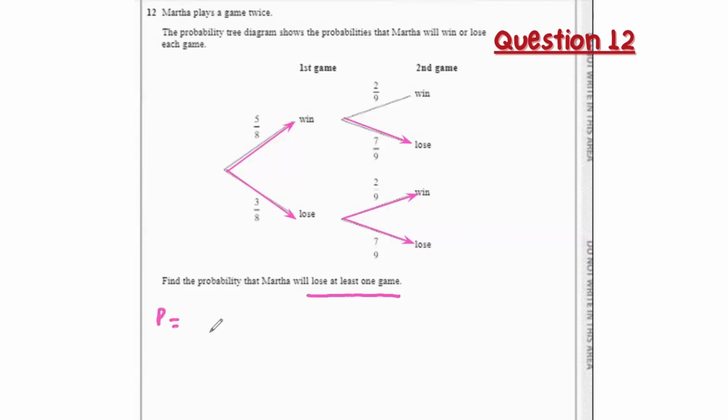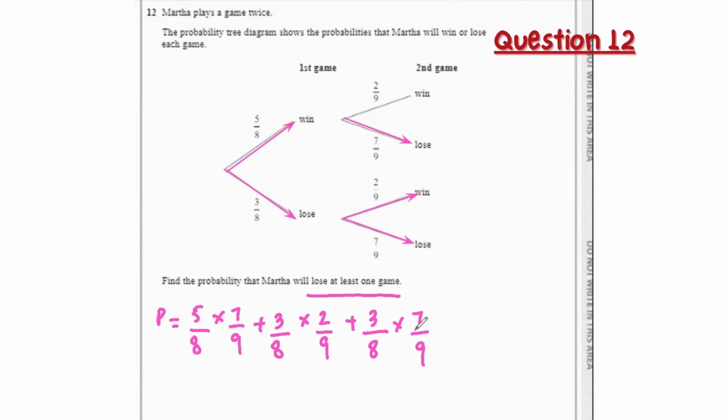So the probability will be 5 over 8 times 7 over 9 plus 3 over 8 times 2 over 9 plus 3 over 8 times 7 over 9. 5 over 8 times 7 over 9 gives the probability of her winning the first game but losing the second game. 3 over 8 times 2 over 9 gives the probability of her losing the first game but winning the second game.